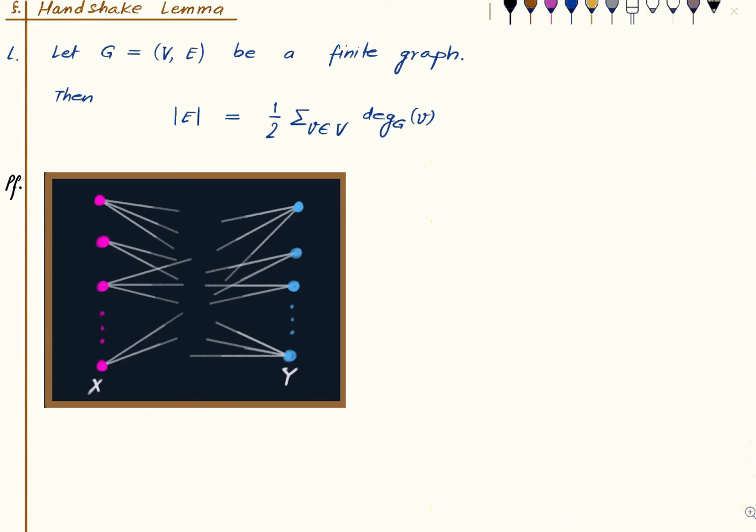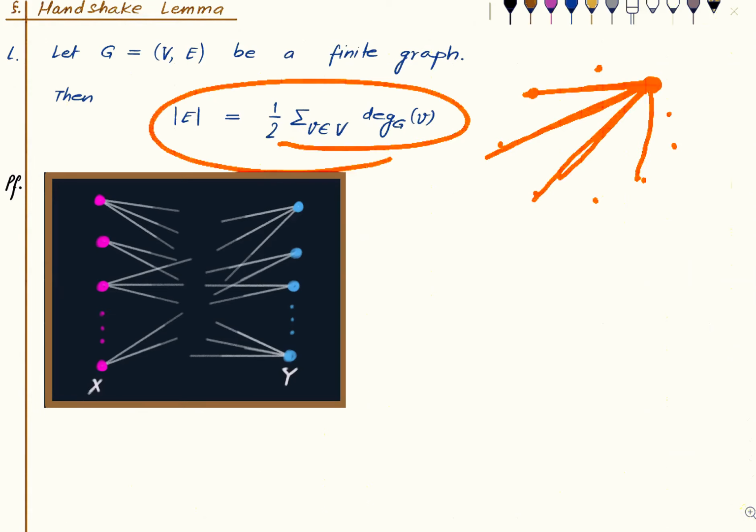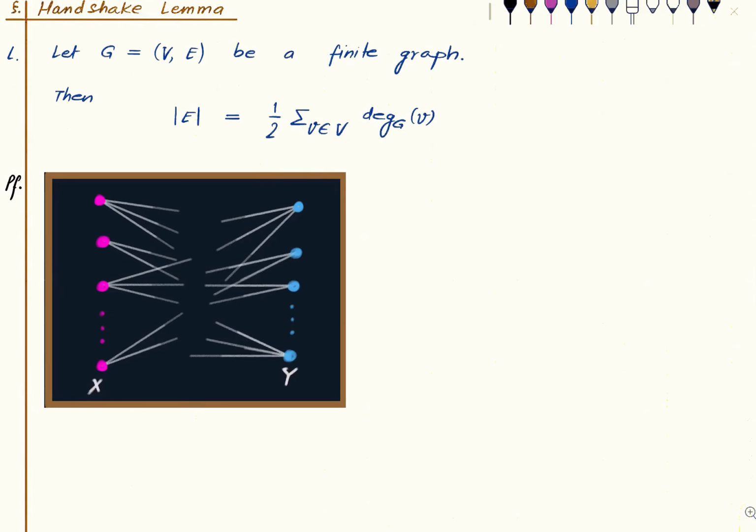Basically, if you have n people, you think of each person as a vertex, and you join an edge between two people if they shook hands. And then the number of people that this person shook hands with is the degree of this vertex. And the total number of handshakes is the total number of edges in this graph. And this formula immediately establishes what we wrote. So this is what we want to establish. And here is how we do it.